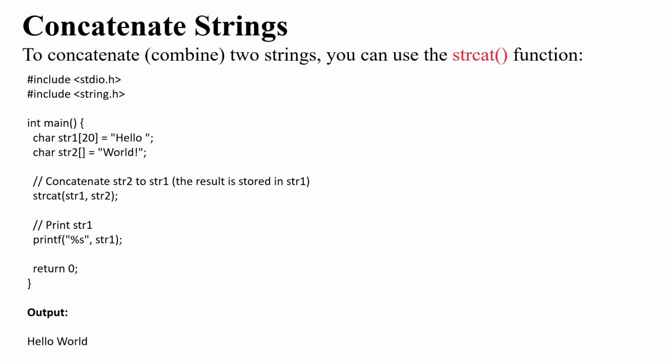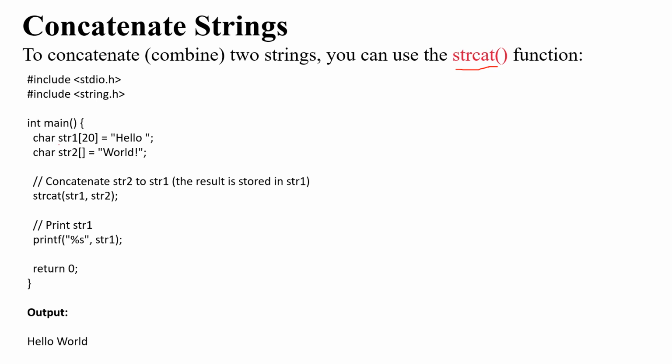The second function is to concatenate strings. For that, the strcat function is used. Suppose you want to join or merge two different strings, then this function can be used.